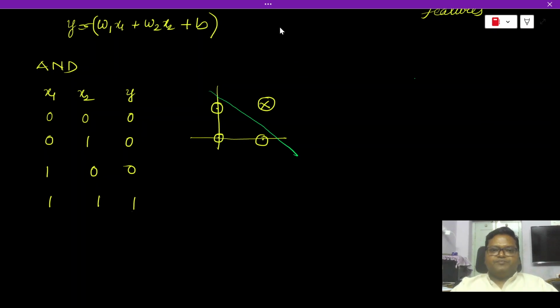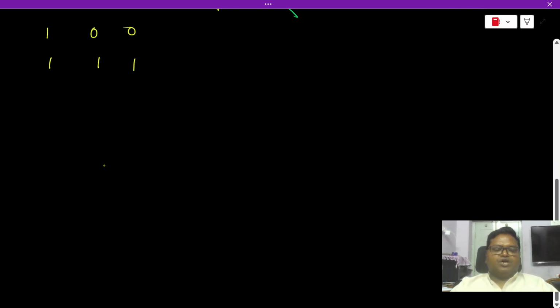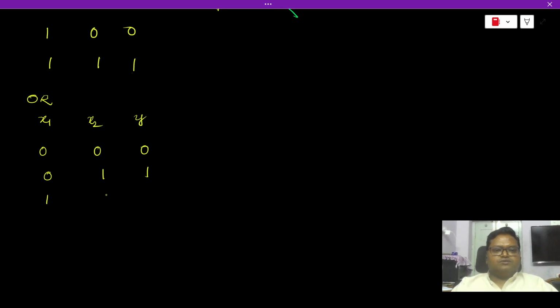Similarly, you can do the same thing with OR. What is OR? Again x1, x2 and y. 0, 0 gives 0. 0, 1 gives 1. 1, 0 gives 1. 1, 1 gives 1.